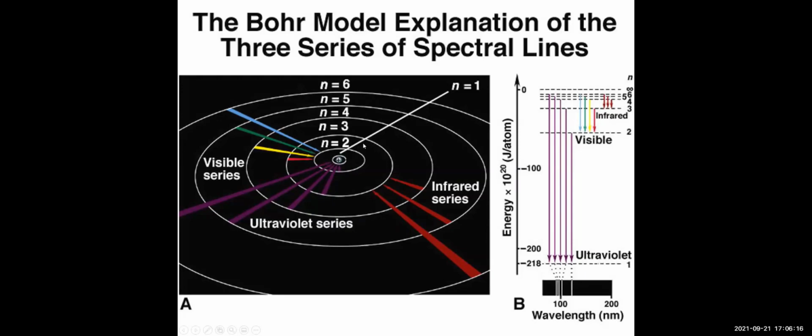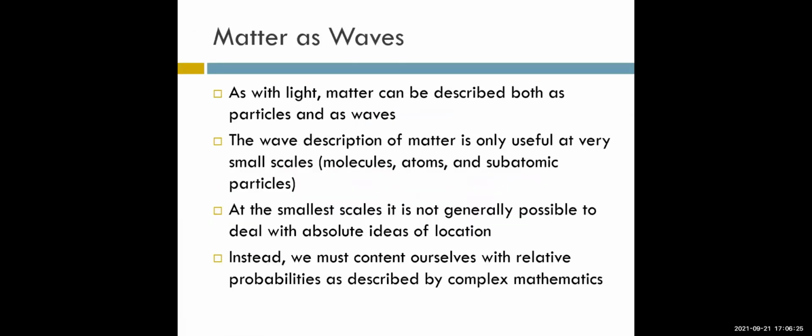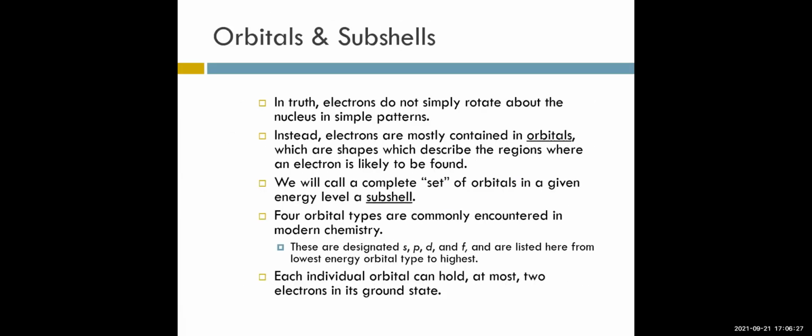So shell and energy level mean the same thing. A subshell is a collection of one or more orbitals, regions of space where you can find the electrons. And the orbitals are themselves those regions.